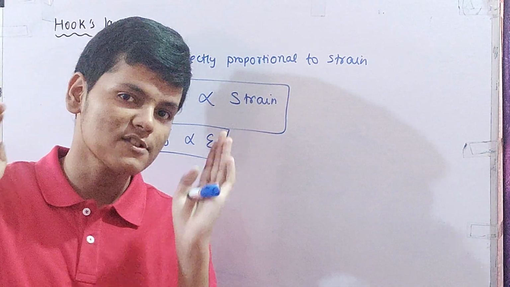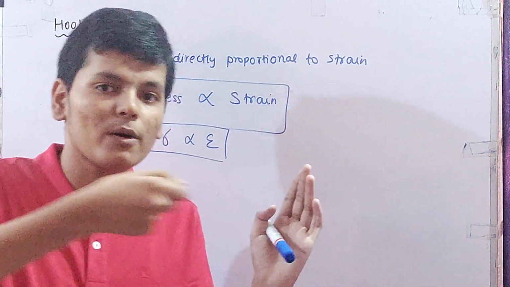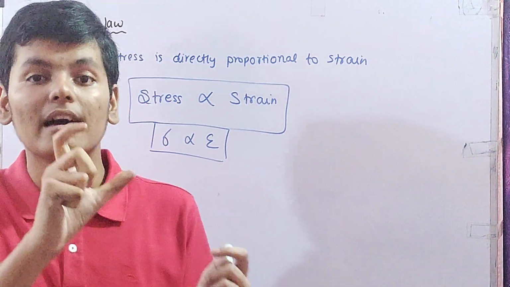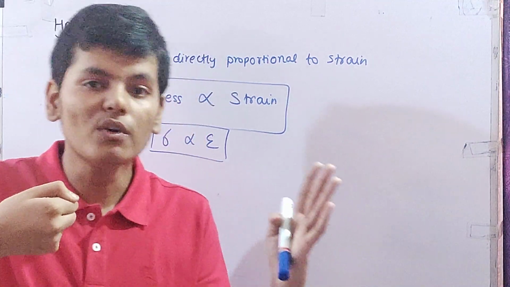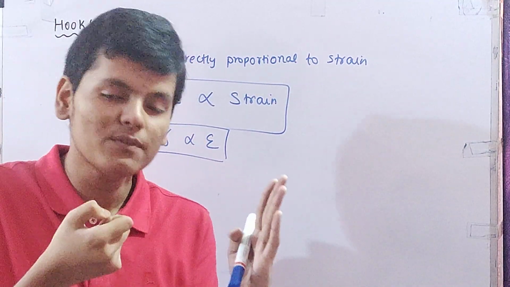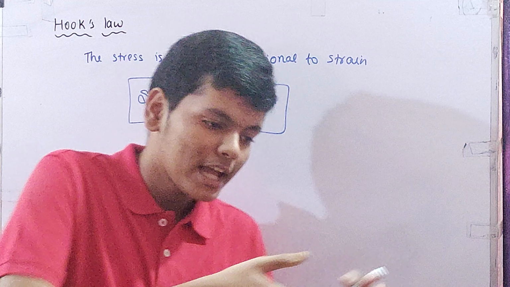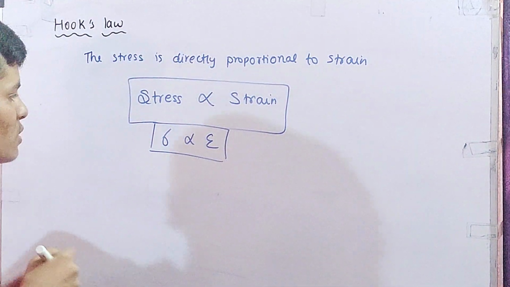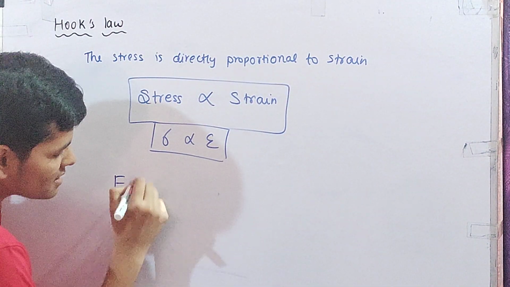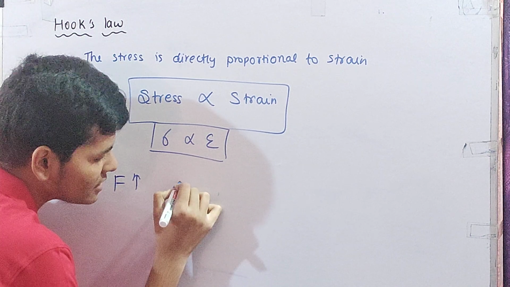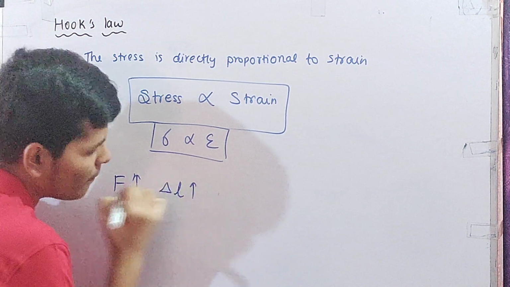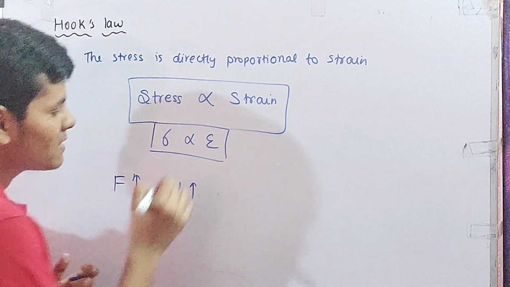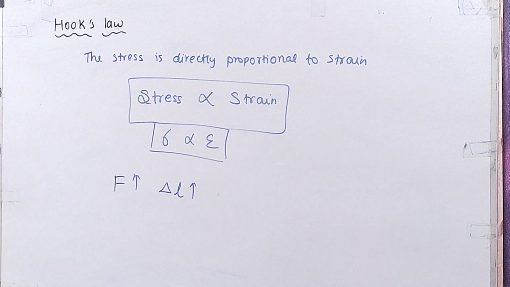Like we are seeing in the case of spring. When we take a spring and pull it, it expands. If you apply more force, it expands more. If you apply less force, it expands less. So if our force is more, then our elongation is also more. Hence we can say that sigma is proportional to epsilon.